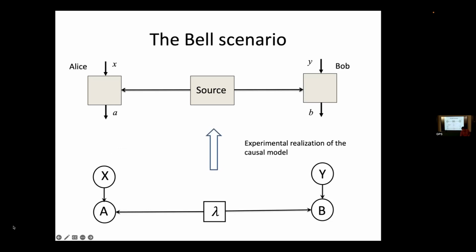You can also put it the reverse way: you start with this causal model, and then you try to make an experiment that meets the conditions of the causal scenario. I can say that because of the experiment's geometry, this has to be the causal network. Or I can say, I want to achieve this causal network, so I will arrange the experiment in this way to meet its conditions.